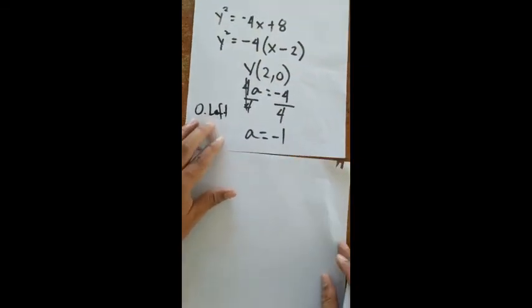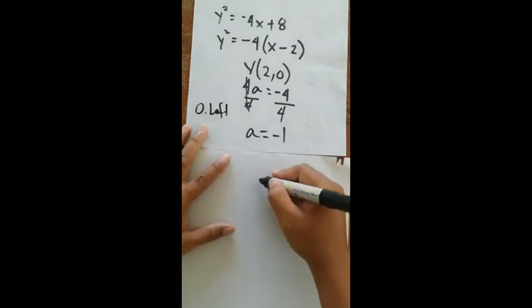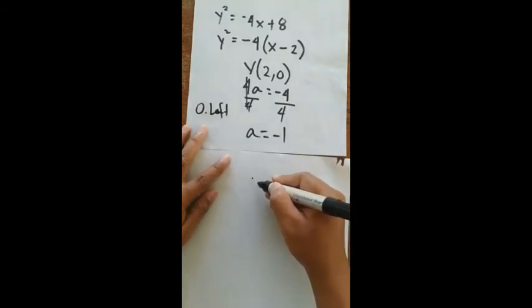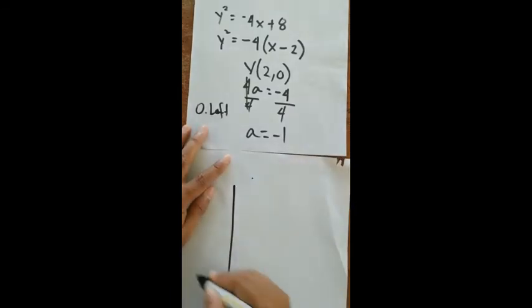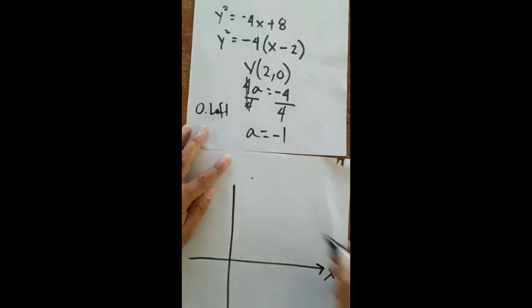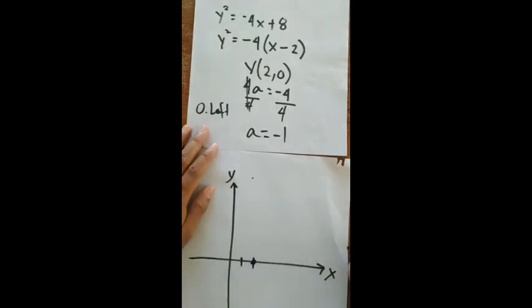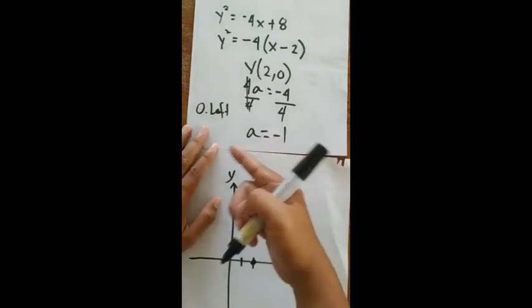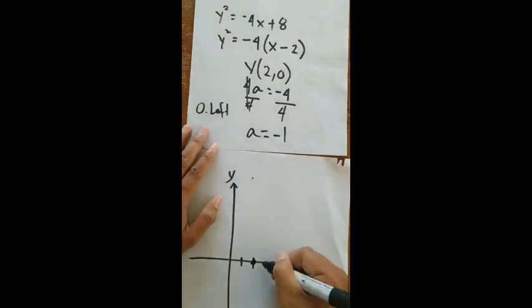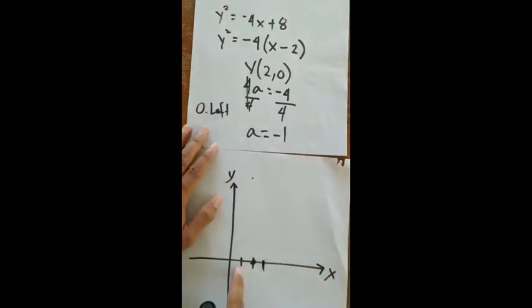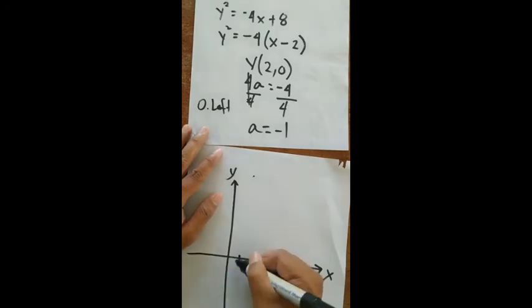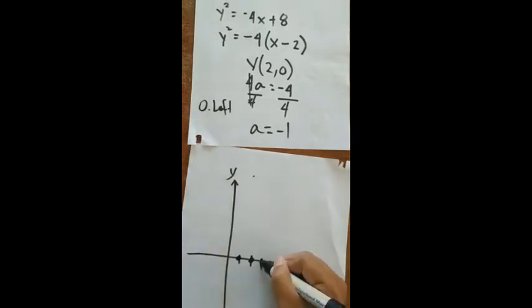Now let's graph this one and look for the required values. This is our vertex at (2, 0), and we have our a of 1. Remember that it's opening to the left, so we put our focus here and our directrix here.